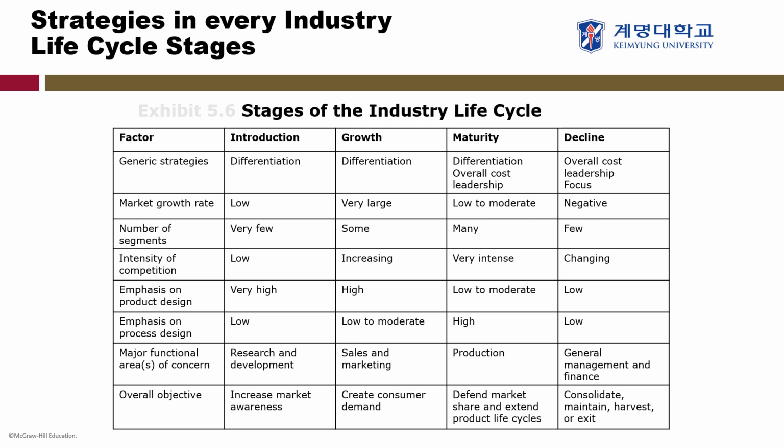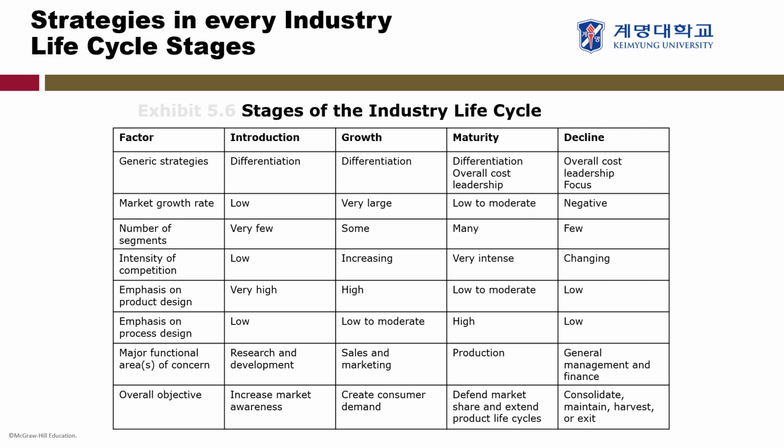You could see here also the different factors like generic strategies, market growth rate, number of segments, intensity of competition, emphasis on product design, emphasis on process design, major functional areas of concern, and the overall objective. You can see that in different stages, they vary the effectivity of these kinds of strategy.